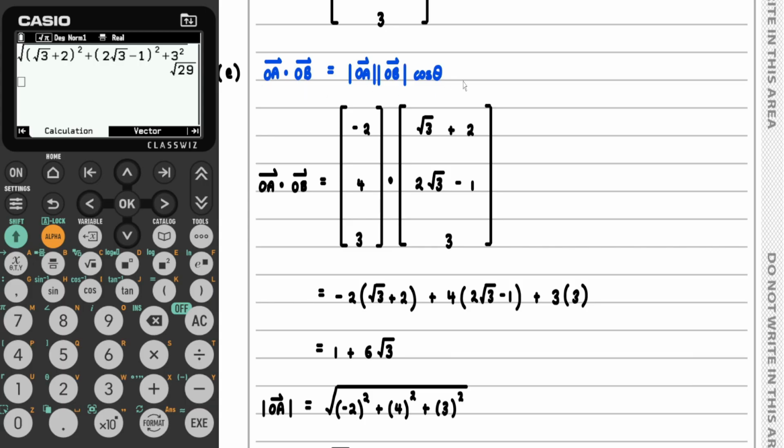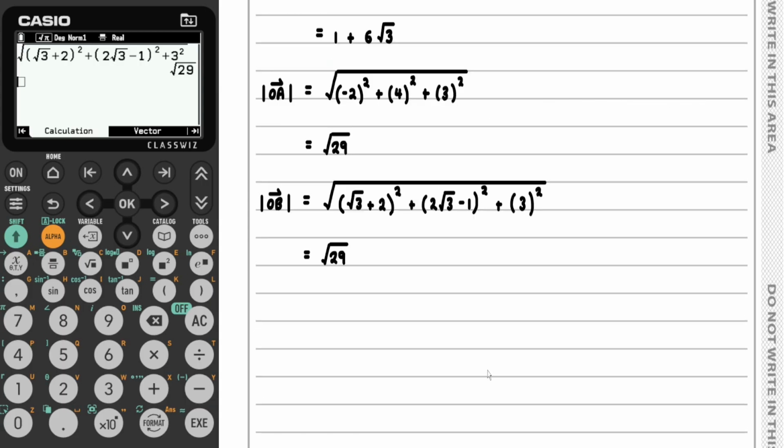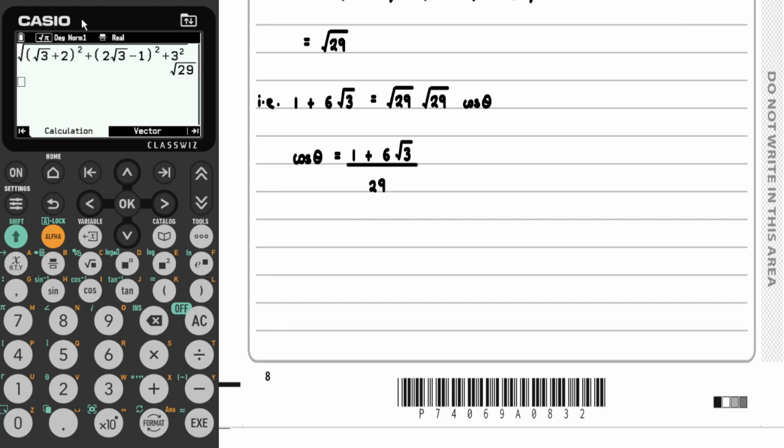So now we need to use this formula here. So I've got 1 plus 6 root 3 equals root 29 times root 29 multiplied by cos theta. So cos theta is equal to 1 plus 6 root 3 over 29. We can now find out what theta is.